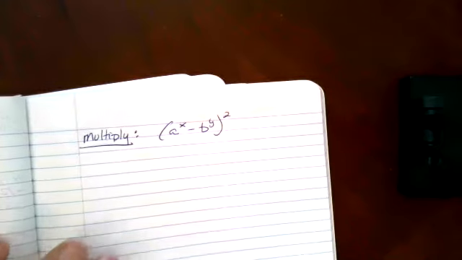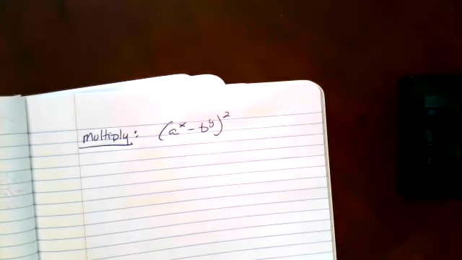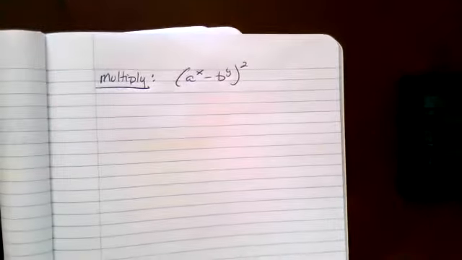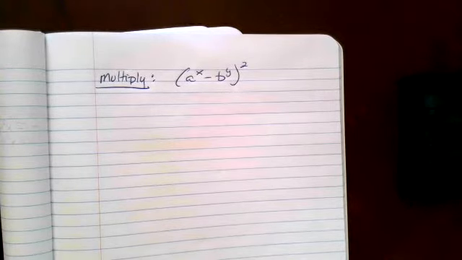A to the x minus b to the y squared, and I ask you to multiply that. And you could do it any way. If you want to expand it and write it twice and try it out, or if you want to use a binomial squared formula, you could do that. But why don't you take a second and see if you're able to do this. This is a good problem because it's all variables. So it'll be interesting.